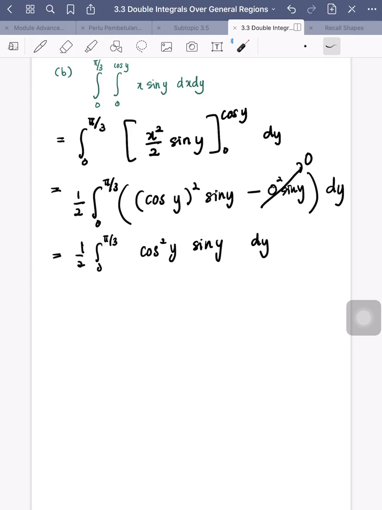As mentioned in the recall, consider substitution if you don't know what method to use. If substitution fails, then you consider parts. For this one, I choose substitution first.